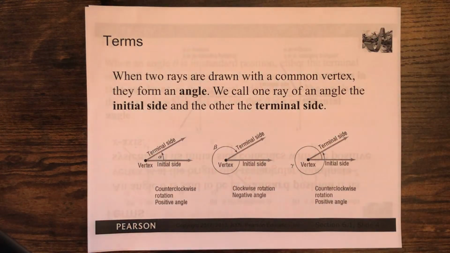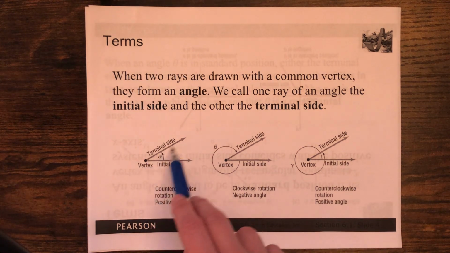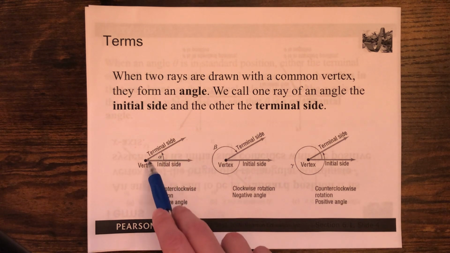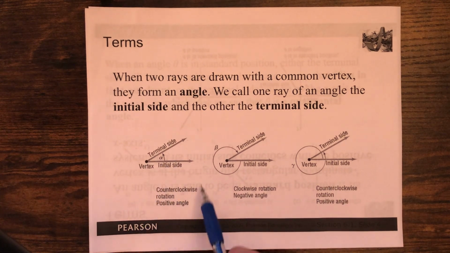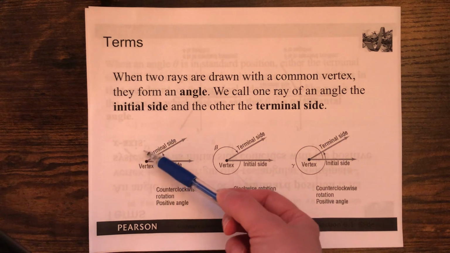So just kind of a refresher here for what we talk about when we talk about angles. We know that an angle, of course, is formed with two rays. We talk about the initial side of the angle here and the terminal side, of course, being the other side, the ending side. We call, of course, this the vertex. And we can talk about an angle going up like this, a counterclockwise rotation. We call that a positive angle.